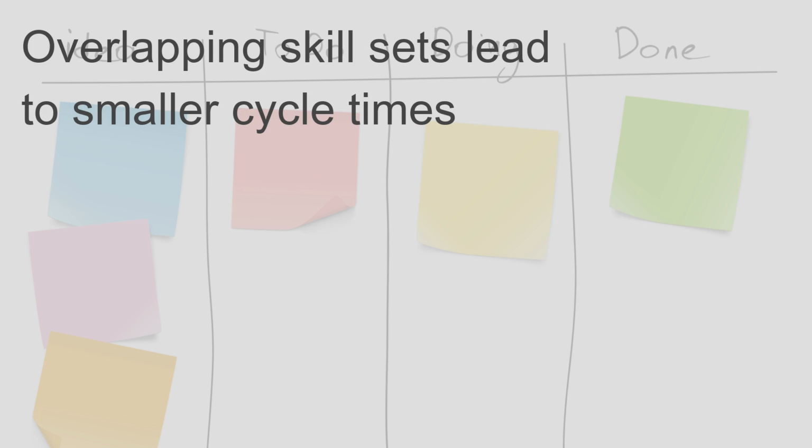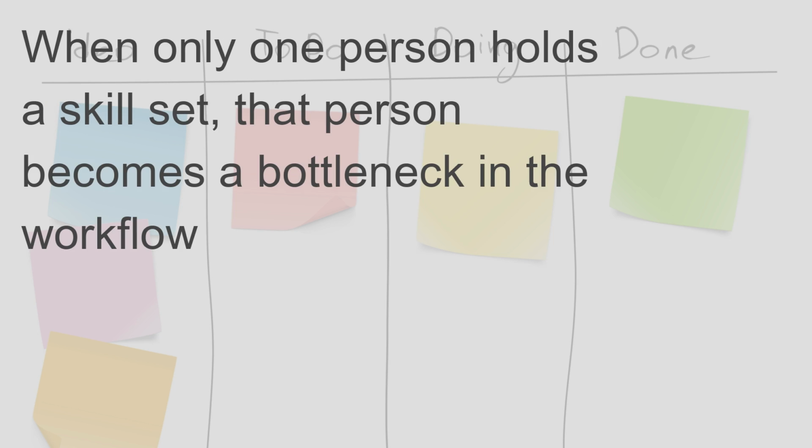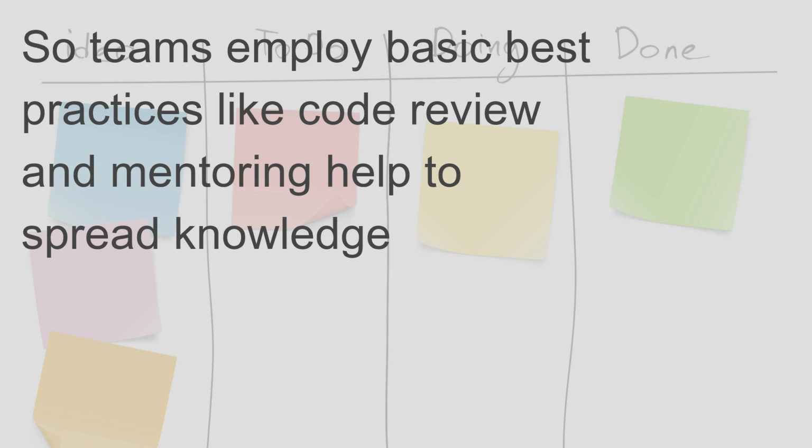Overlapping skill sets lead to smaller cycle times. When only one person holds a skill set, that person becomes a bottleneck in the workflow. So teams employ basic best practices like code review and mentoring to help spread knowledge. Shared skills mean that team members can take on heterogeneous work, which further optimizes cycle time.